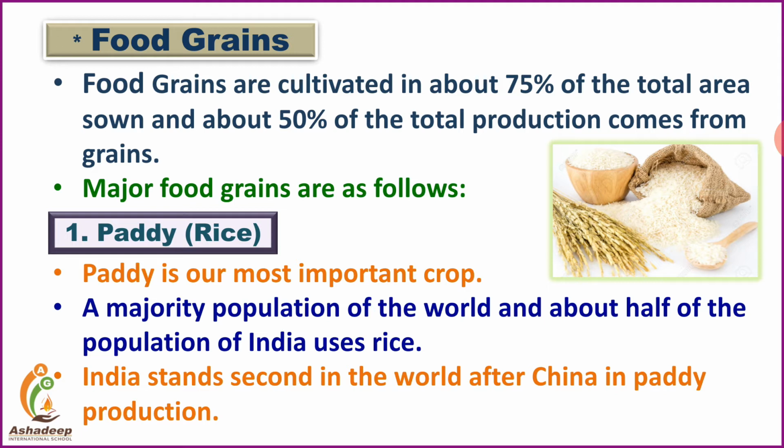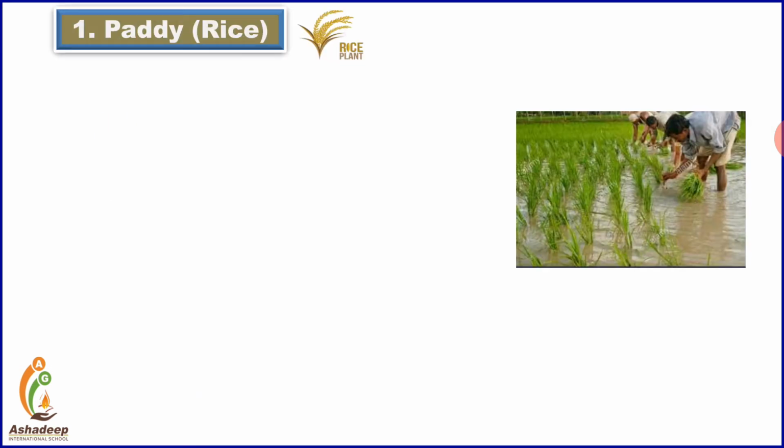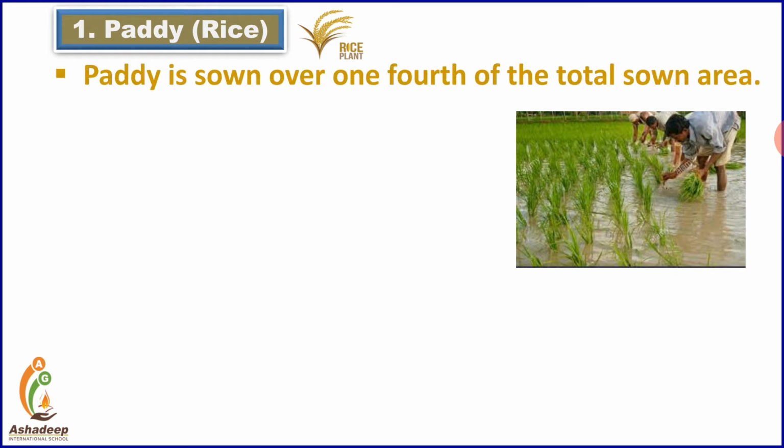So you can say that China is at the first place in the production of rice and India is holding the second position. That can be asked in an objective type question. Other things which are required to grow paddy in a good quantity: paddy is sown over 1/4 of the total sown area in India.